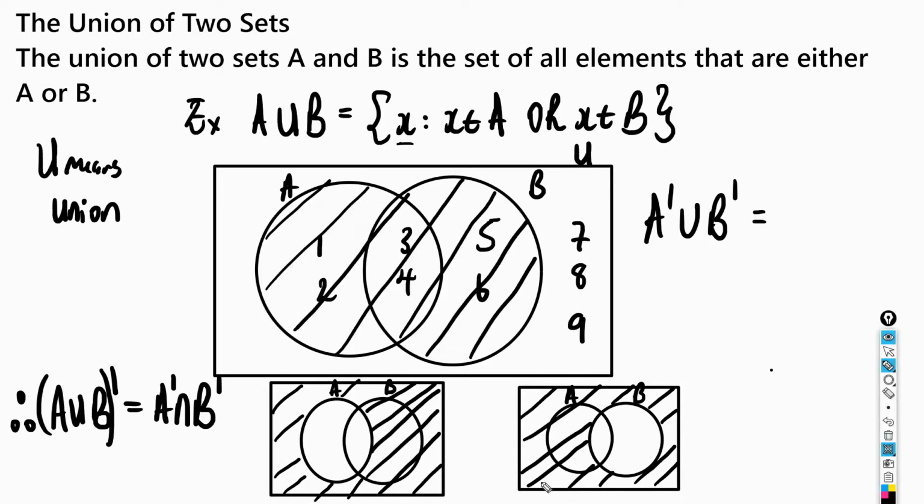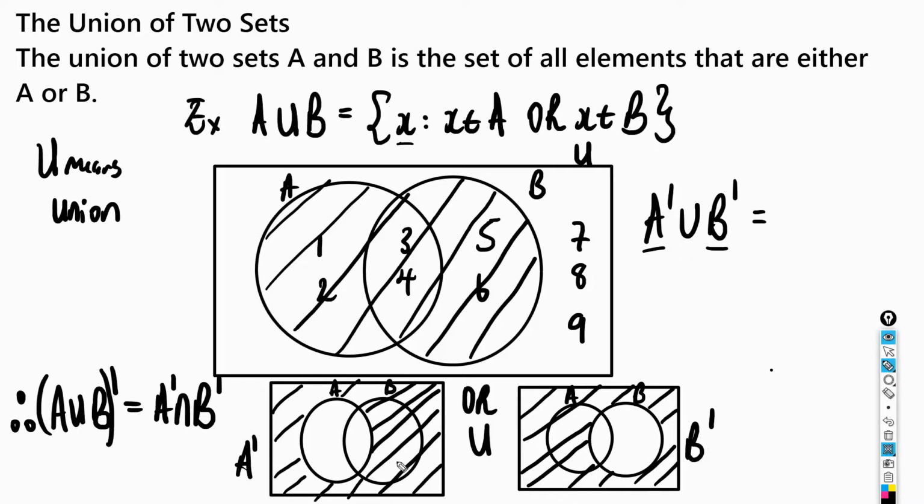All right, guys. So if we actually look at the Venn diagrams for A prime union B prime, this here represents A prime, which is everything outside of A. And in this case, the union means or everything outside of B. This one represents B prime.